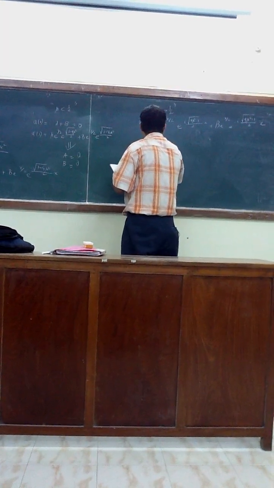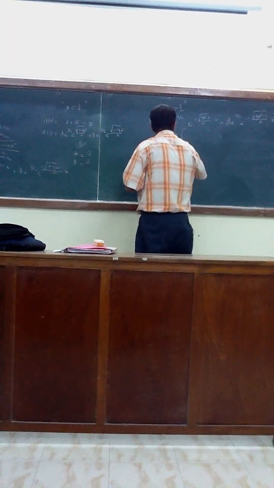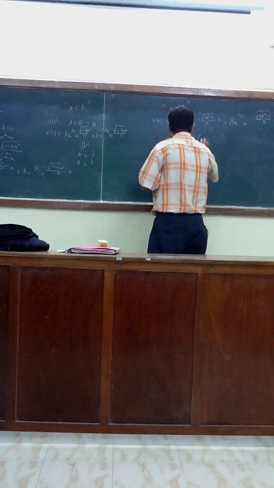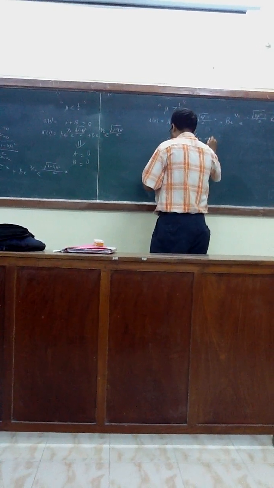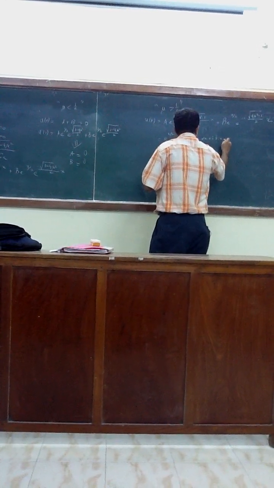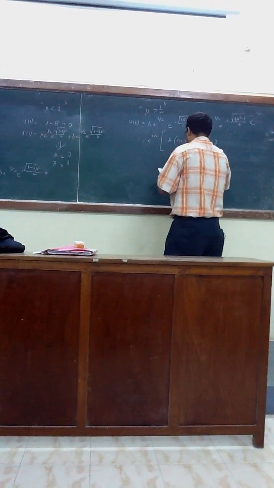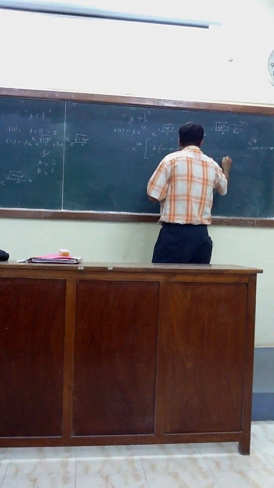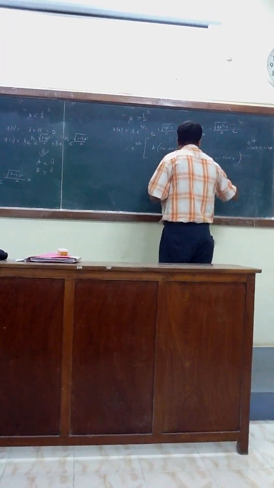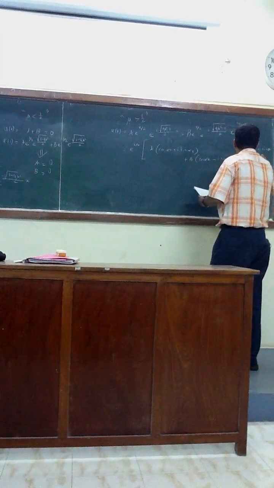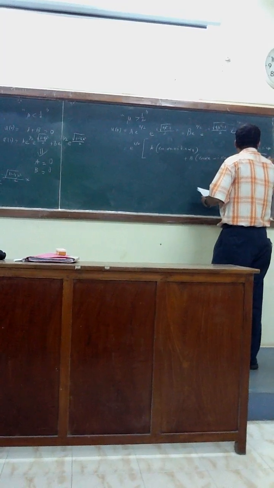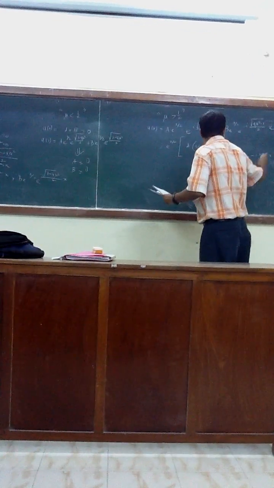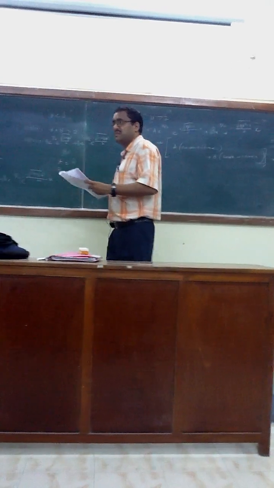e to the power x by 2 times a (cos alpha x plus i sin alpha x) plus b (cos alpha x minus i sin alpha x), where alpha is the square root of 4 mu square minus 1 by 2. Do you agree or not? Yes or no? Agreed.